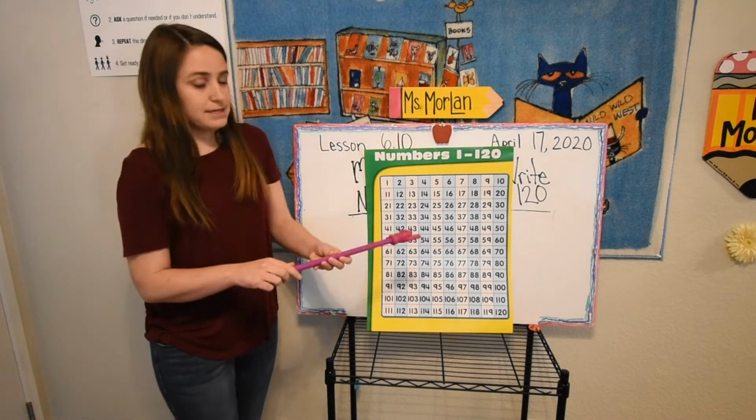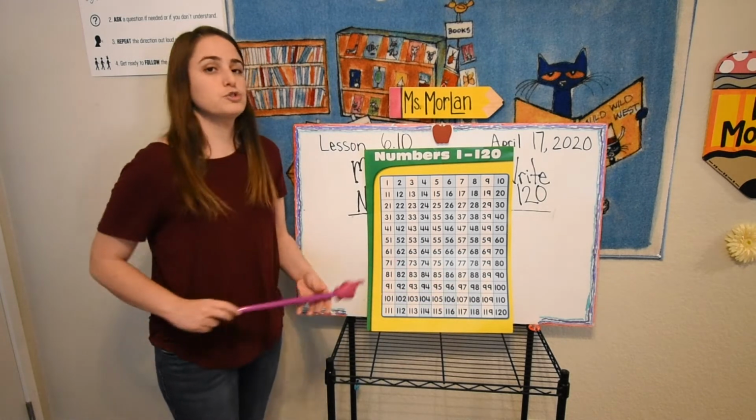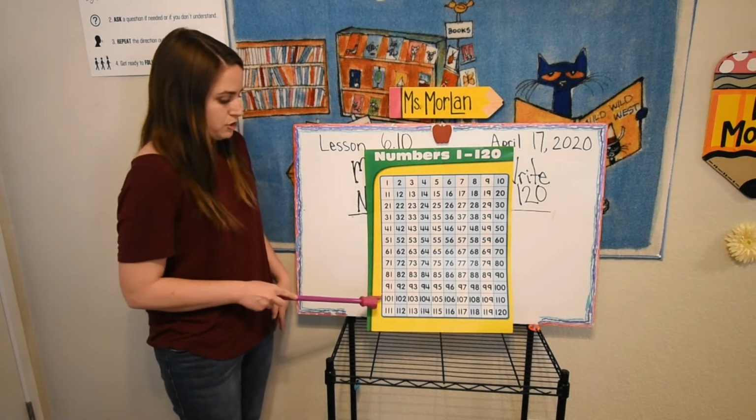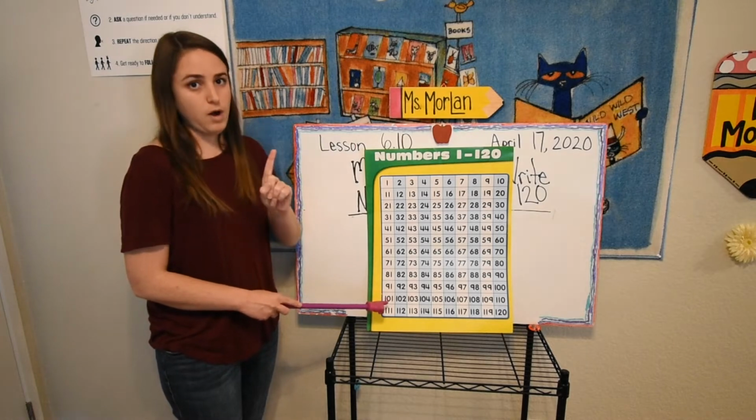All right, now, as I mentioned, this lesson is all about numbers from 101 to 120, okay? So the number that is after 100 is 101, okay? That would be 100 plus one more 1, right?